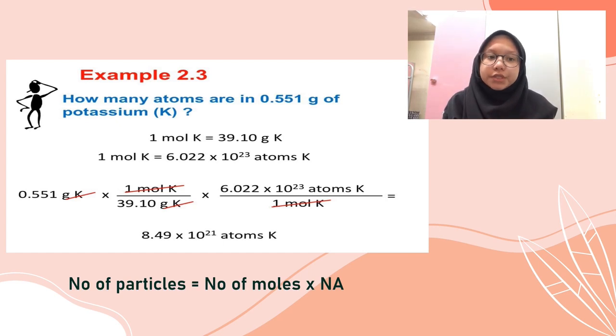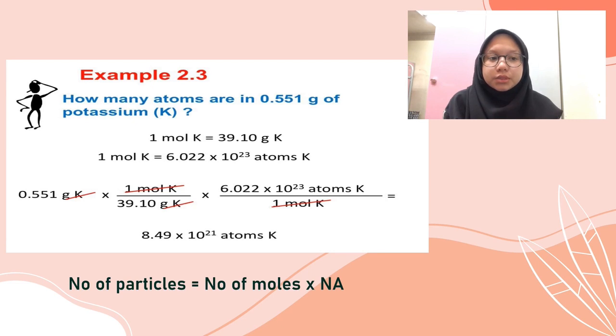So the first step is 1 mole potassium equals 39.10 gram potassium. 1 mole potassium equals 6.022 times 10 to the power of 23 atoms, which is Avogadro's number.